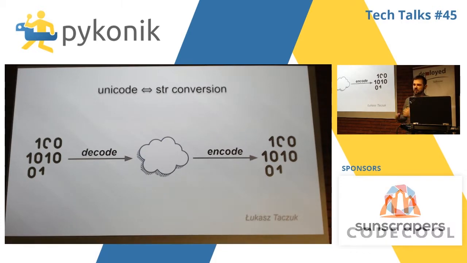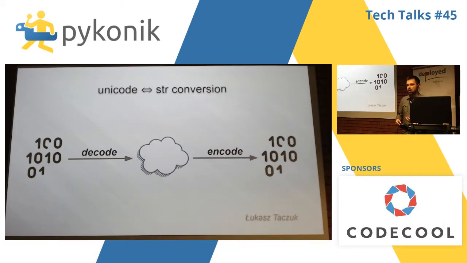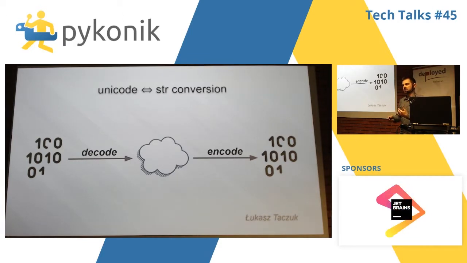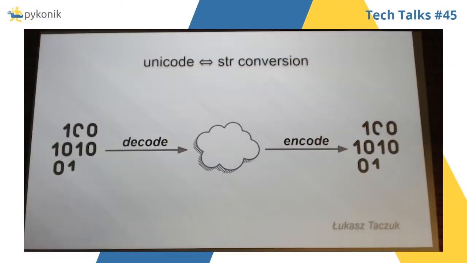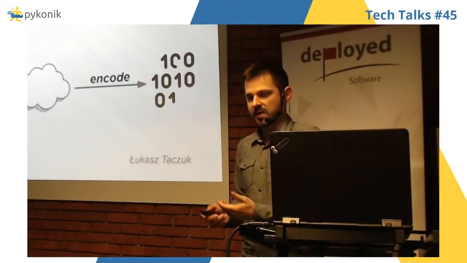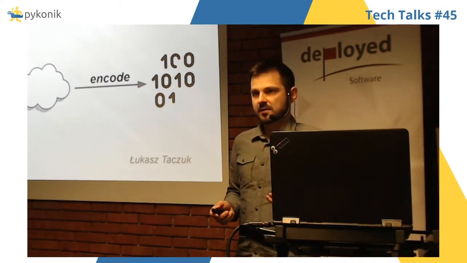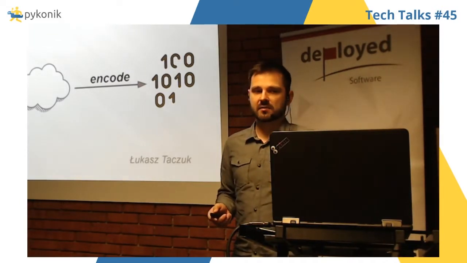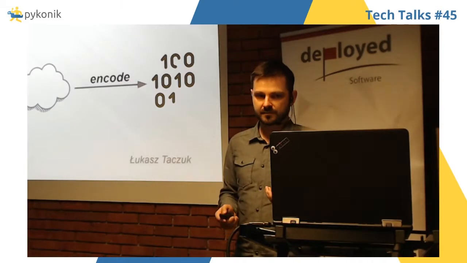Once you have the Unicode object, you perform all the operations on it as long as you can, and then at the very end, when you want to either send the response through the network or write something down to a file, just then you encode it to the str and write it down. Doing so will ensure the least amount of bugs in your code.